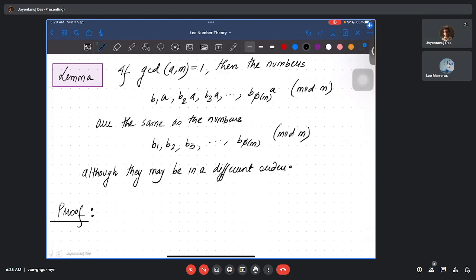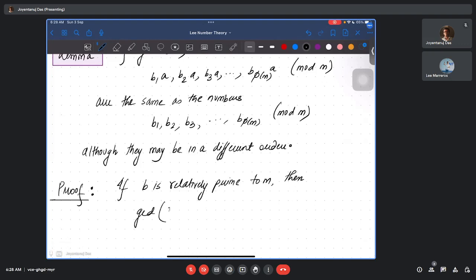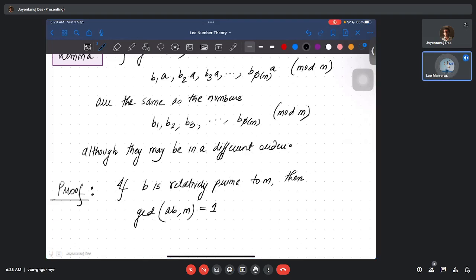Suppose B is relatively prime to M, then AB is also relatively prime to M. So GCD of AB with M is also 1, because we know that A is relatively prime to M. If B is relatively prime to M and A is also relatively prime to M, then the product is also relatively prime.